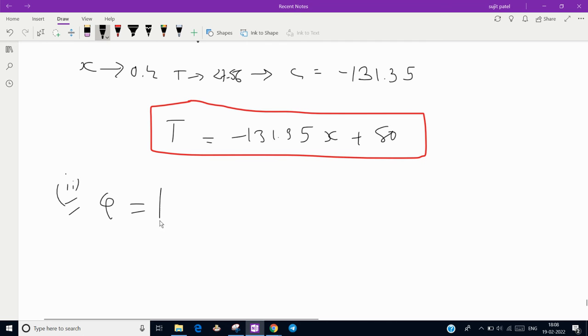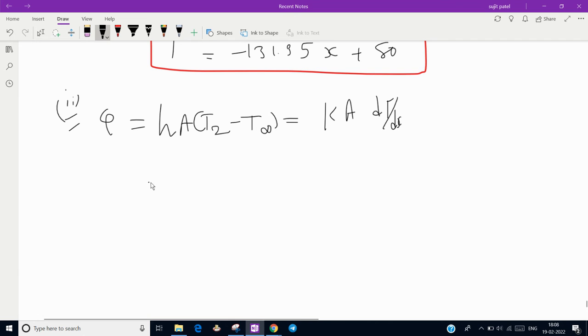Now the second thing that we have to find is the heat transfer rate. The heat transfer rate is given by hA delta T, that is T2 minus T infinity, or similarly kA dT by dx, both will be the same because the flow is steady state. So h value is 24, area is given as 20 meters square, and temperature difference is 27.56 minus 15.